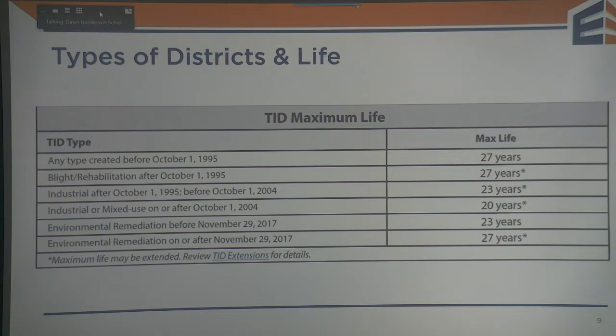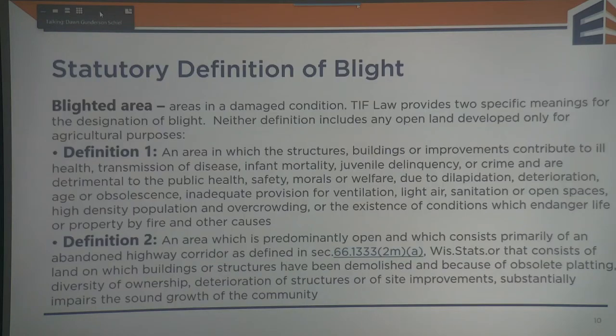And so the next slide kind of talks a little bit about that blight determination. So we need to establish that at least 50% of the area of the district meets the statutory definition of blight. And I stuck this slide in here, and this was right out of the Department of Revenue's website with what they consider blighted areas.